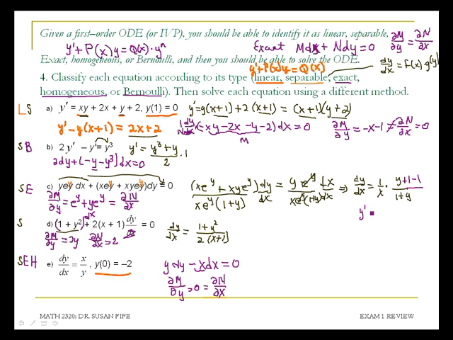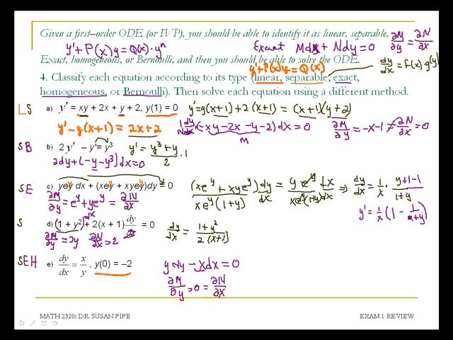into y prime equals 1 over x times, if I take this y plus 1 over y plus 1, that's 1, minus 1 over 1 plus y.